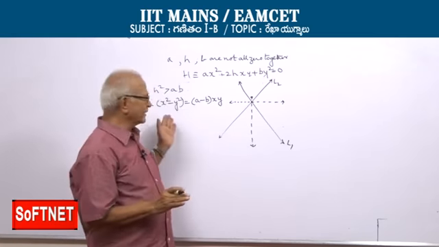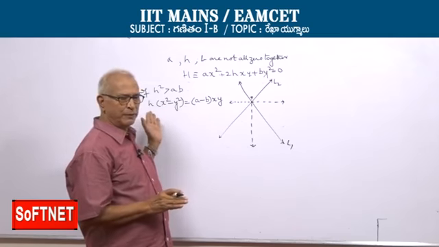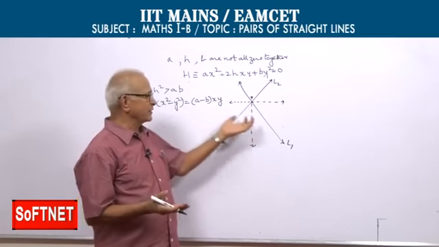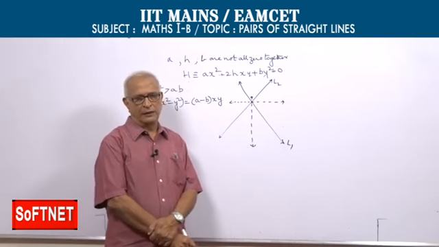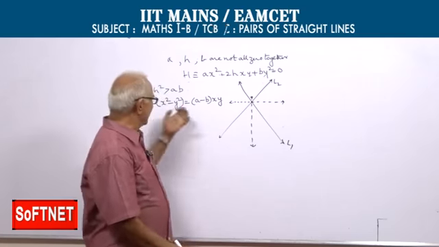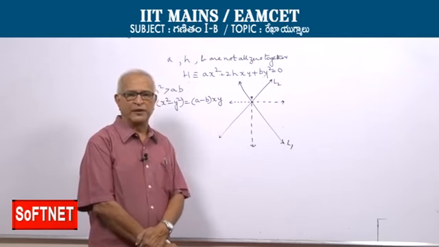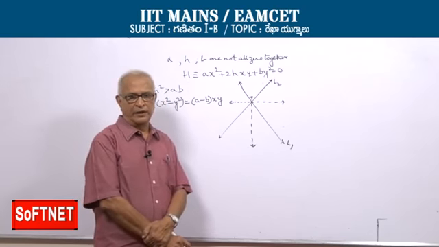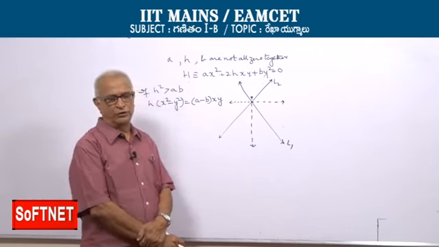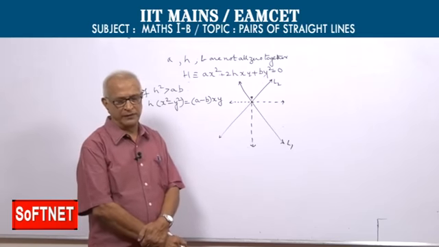Well, you can also see that the sum of the coefficients of x square y square is 0 here because plus h and minus h. So, evidently from this equation also one can infer that the two bisectors are perpendicular to each other. That follows immediately from the high school geometry also. And therefore, this is the standard form of the equation of the bisectors of the angles between the lines represented by the homogeneous equation h equal to 0 in case h square greater than ab.